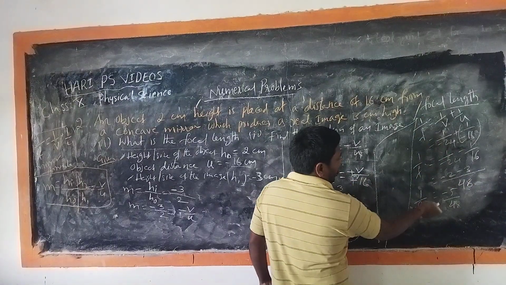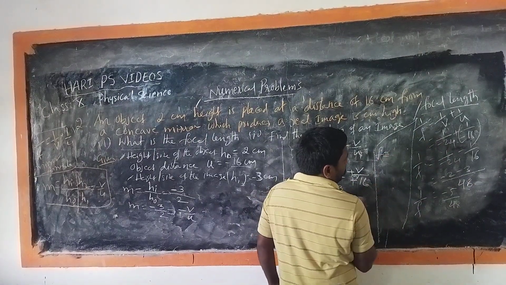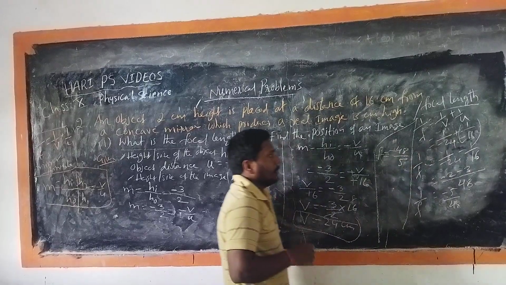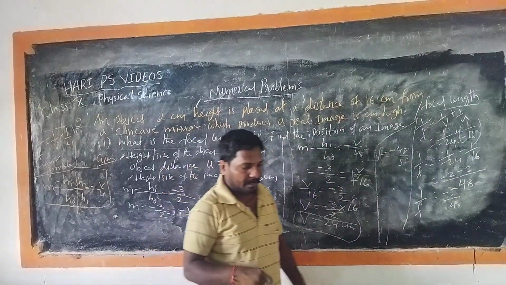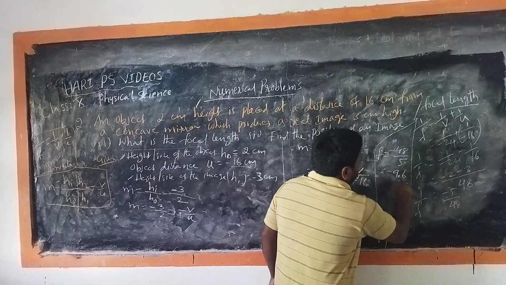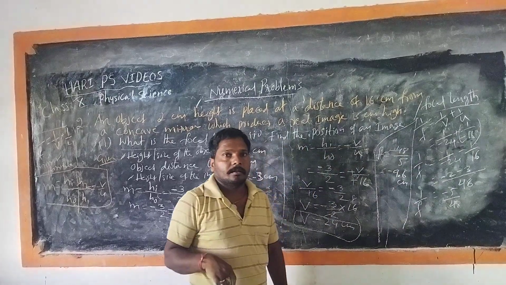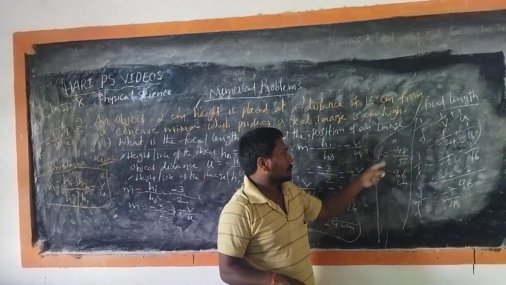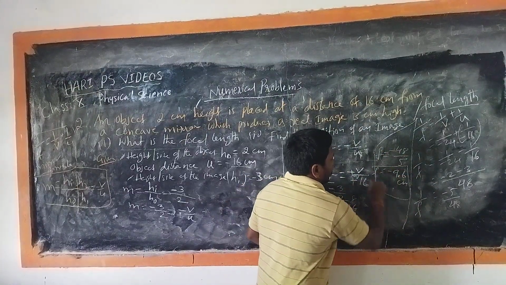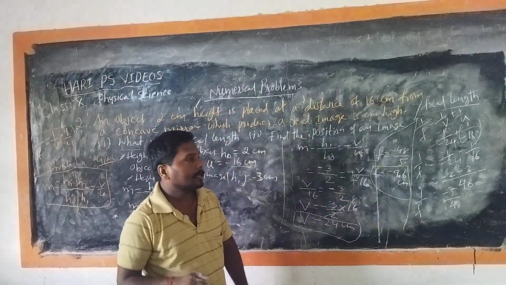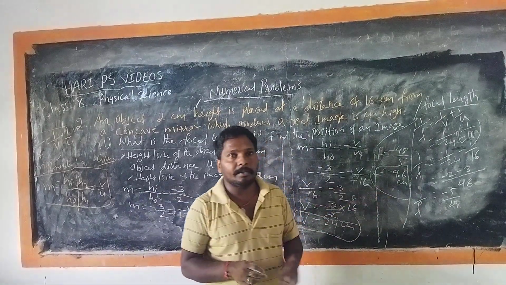From this you write f is equal to minus 48 by 5. When we simplify it, we get minus 9.6 centimeters. So the focal length is minus 9.6 centimeters.